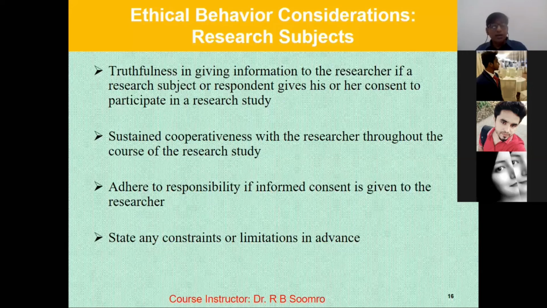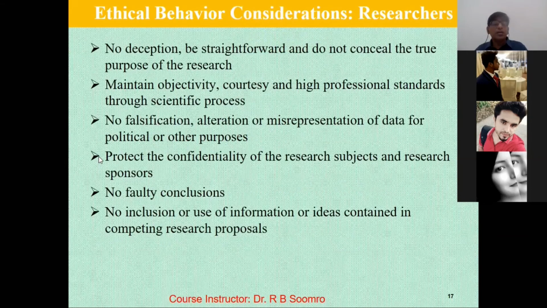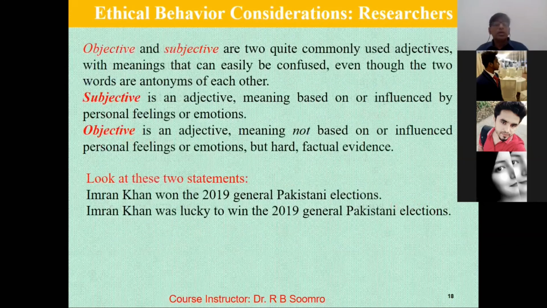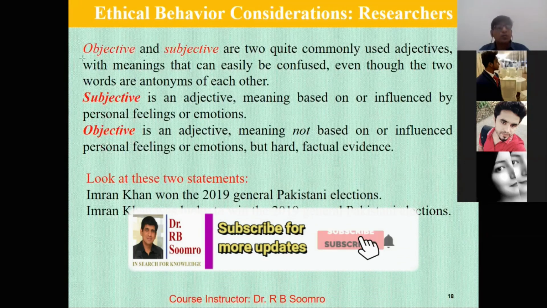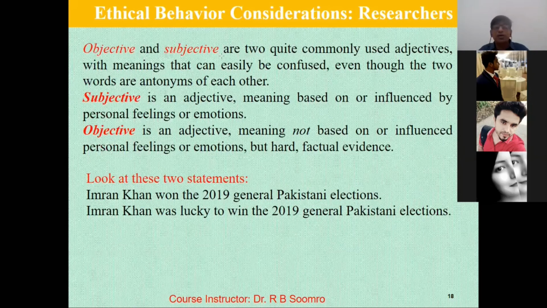And then, okay, ethical behavior, like two things are there: objective and subjective are two quite commonly used adjectives. I think we discussed these two in our class maybe. So what is the meaning of objective and what is the meaning of subjective?